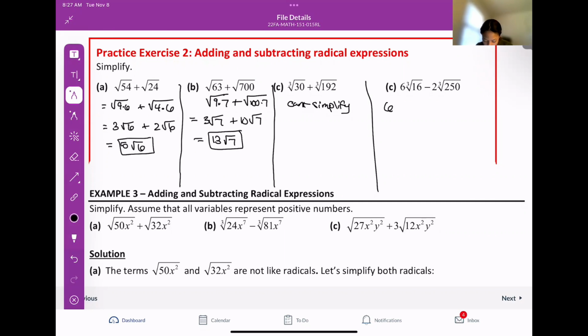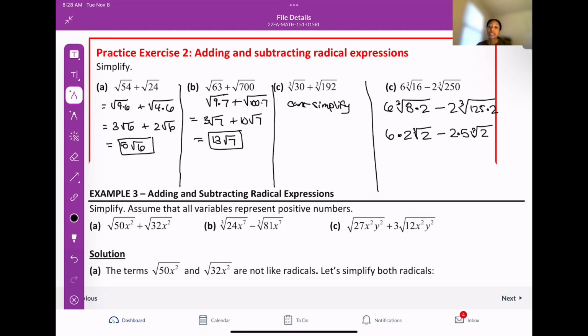We have 6 times the cubed root of 8 times 2 minus 2 times the cubed root of 125 times 2. The 6 stays on the outside. The cubed root of 8 is 2. So that's 6 times 2, cubed root of 2, minus 2 times the cubed root of 125, which is 5, and then cubed root of 2.